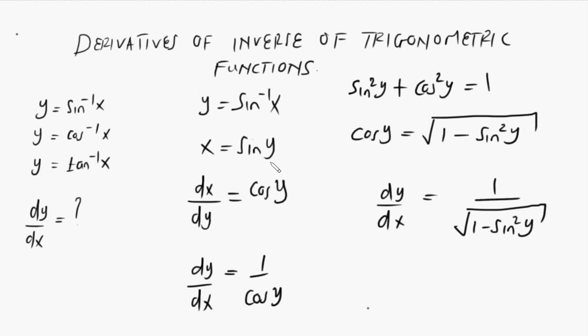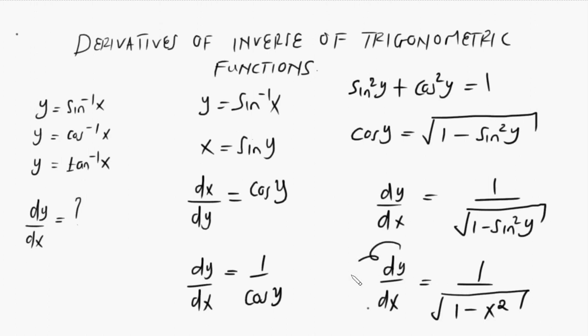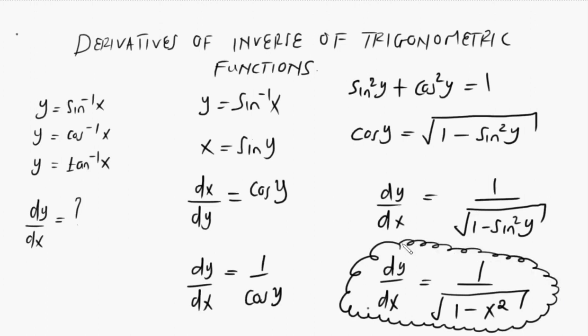But I know that sine y equals x, so x squared is equal to sine squared of y. So my dy/dx will be equal to 1 over the square root of 1 minus x squared. So this is dy/dx when y equals sine inverse of x.